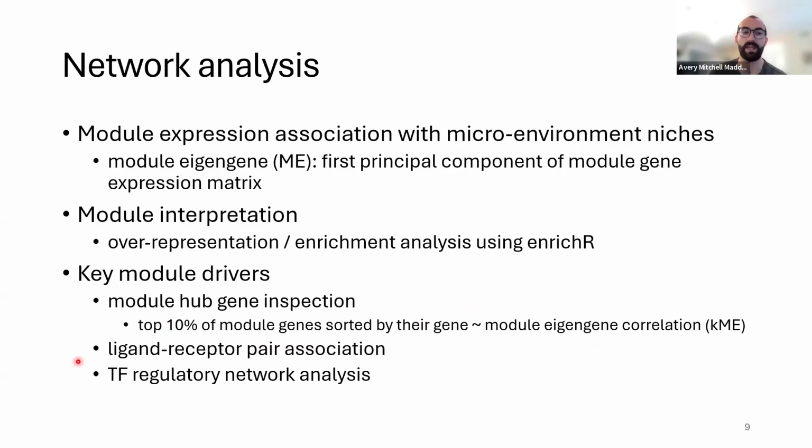The second thing we looked at was ligand receptor co-expression, so if there were specific ligand receptor pairs that were associated with these modules. And then third, we looked to see if there were interesting transcription factors regulating these modules or genes within these modules.